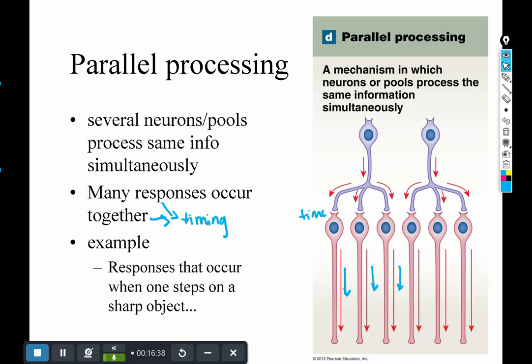For example, consider the fact that when you step on a sharp object, you have to do two things at the same time. Thing one is you have to pull your foot off of the sharp object, but thing number two is you have to stabilize the leg that you are standing on so that when you pull your foot off the sharp object, you don't fall down because you're standing on your other leg. And so activating the flexors on one leg and the extensors on the other leg to achieve standing on one foot requires parallel processing. And we'll look at more of those reflex arcs in detail.